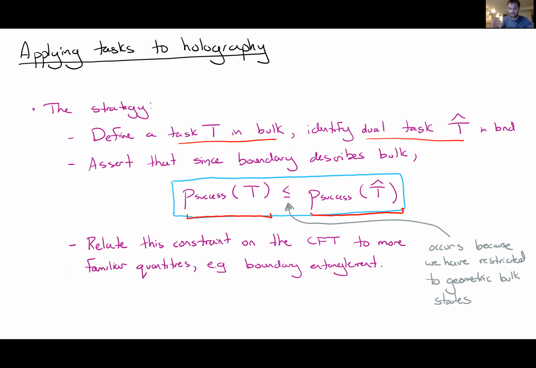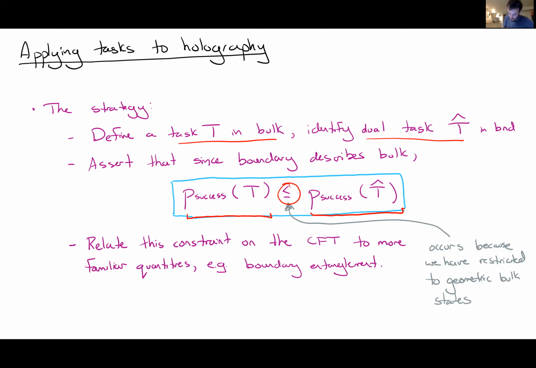And so there will be things that happen in the CFT that are not described in that low energy description. And this sort of one-wayness, right, means that the boundary describes the bulk low energy physics, but the bulk low energy physics doesn't describe all of the boundary. And that is what leads to this being an inequality. Okay.